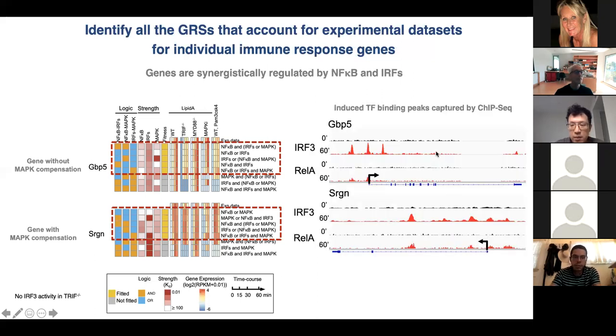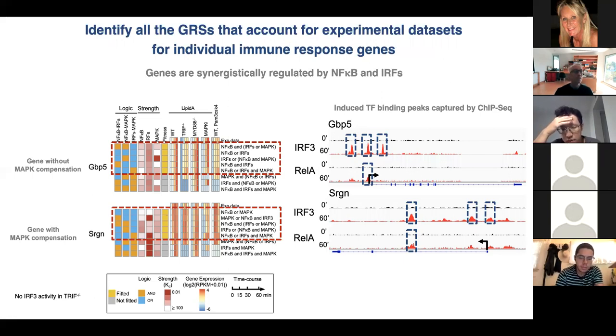We further examined the ChIP-seq signal for both the genes and both of the regulators, IRF3 and RelA from NF-κB. You can see there is an induced peak in either the promoter region or intron regions, which is very nice, and confirms our analysis that we have detected those gene regulatory strategies.